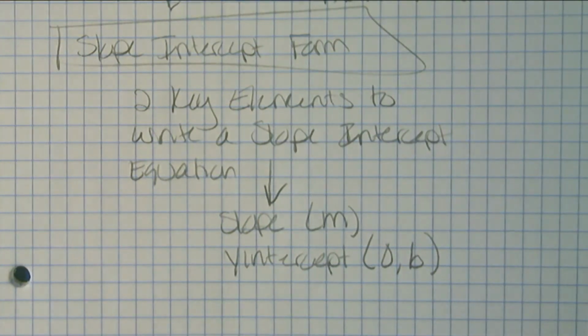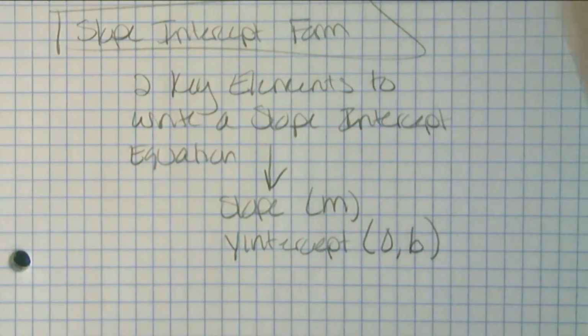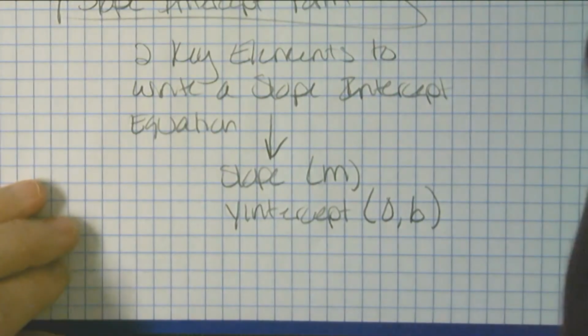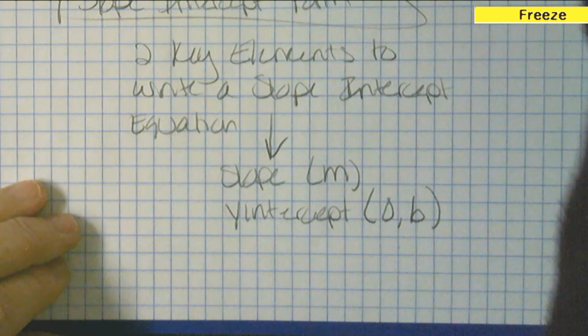All right. Let's talk about what slope is, because we're going to be talking about story problems, and you have to be able to identify in a story problem what the slope is.